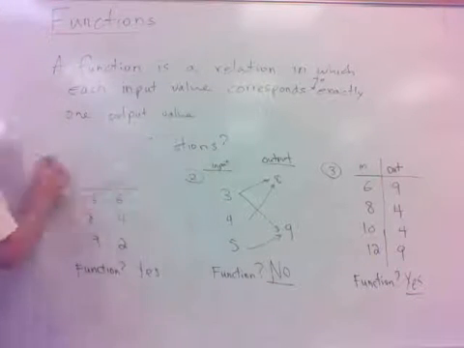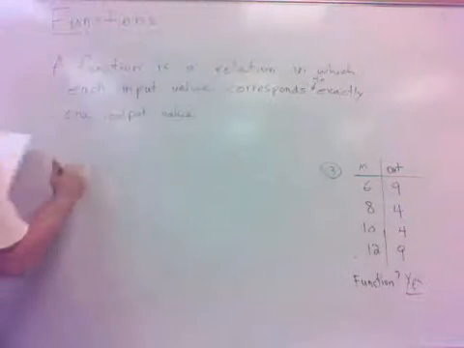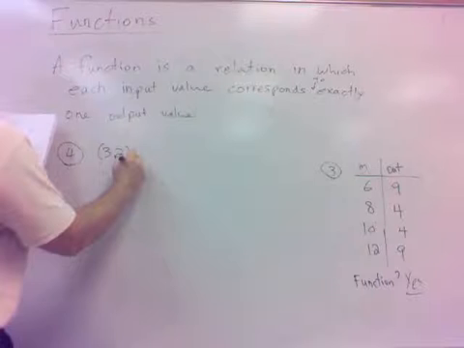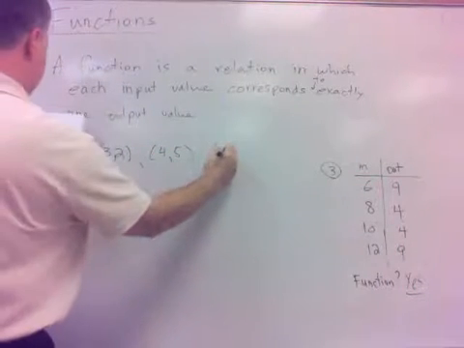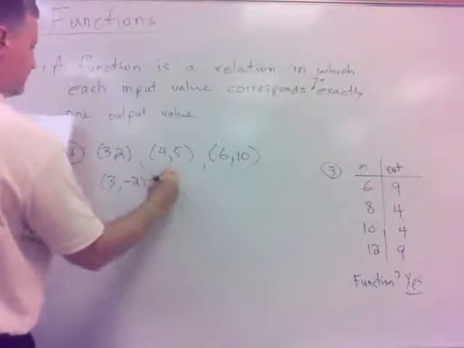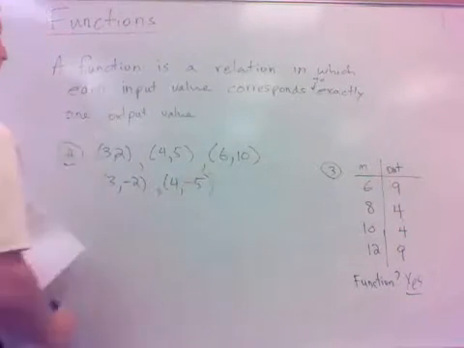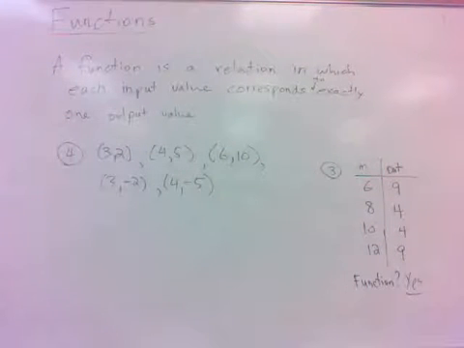All right. Number 4. Ordered pairs: (3, 2), (4, 5), (6, 10), (3, -2), (4, -5). That's my inputs and outputs for this relation here.